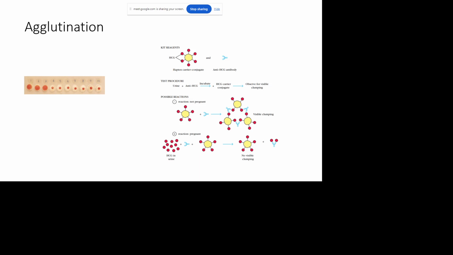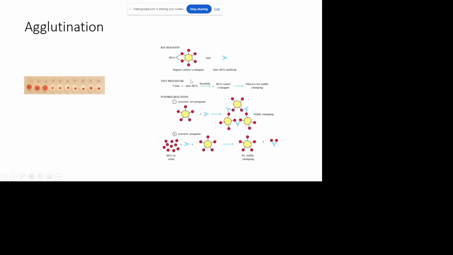So HCG will be present for a pregnant woman, it will be absent for a non-pregnant woman. So in the kit, you will be provided with a hapten carrier conjugated HCG. So this HCG, which is the antigen here, is conjugated with a hapten carrier, right? And they will also provide the anti-HCG antibody, right?